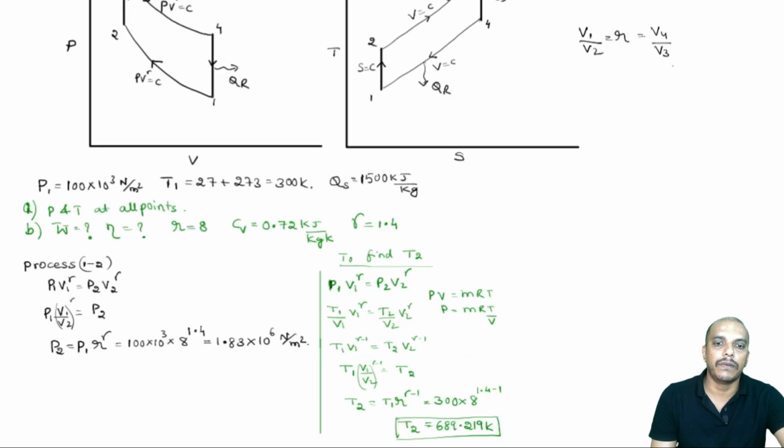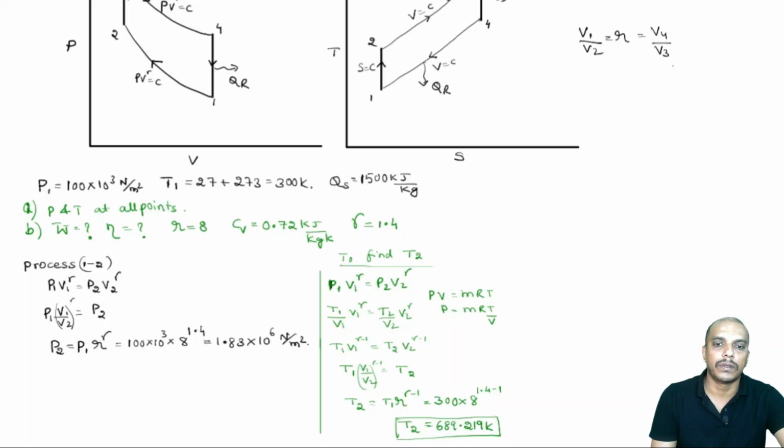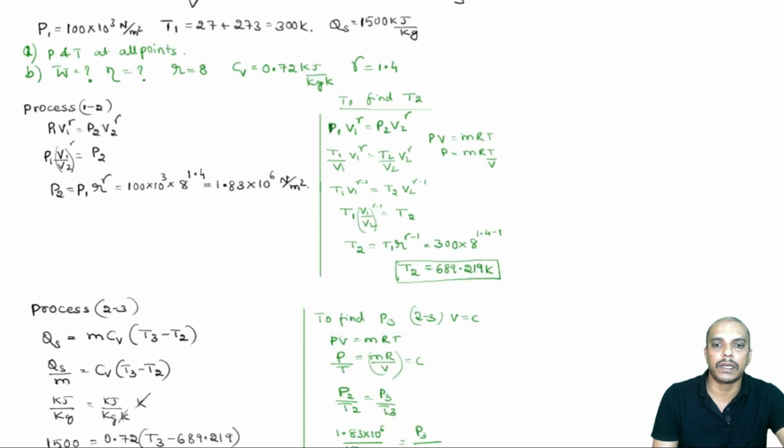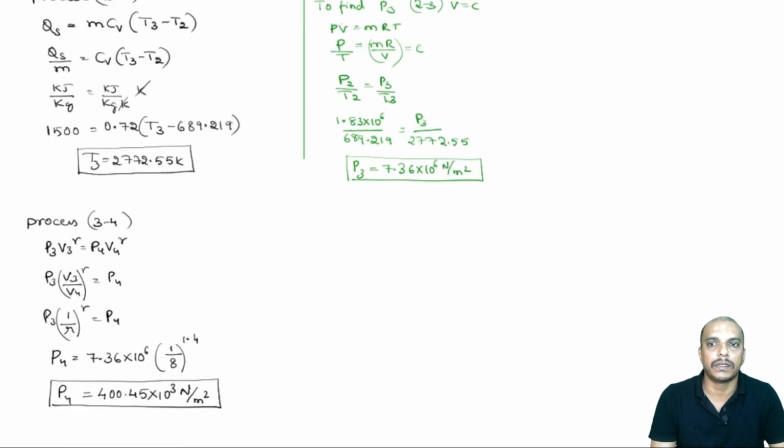Similarly, T3 is equal to T4 R power gamma minus 1. The idea is the same: we have to get the ratio between pressure, temperature and volume.